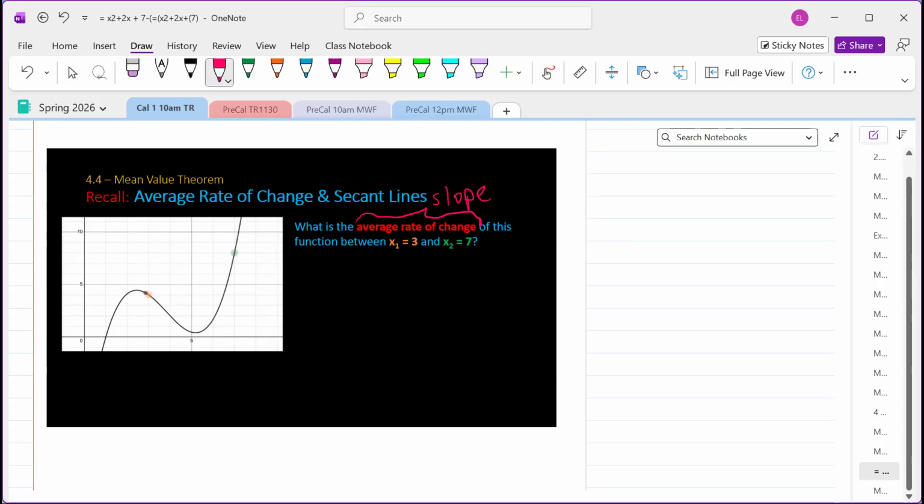So they want to know what's the slope between 3 and 7. Well, I need to know the ordered pairs. So at 3, my y value is 4. And then at 7, my y value is 8.